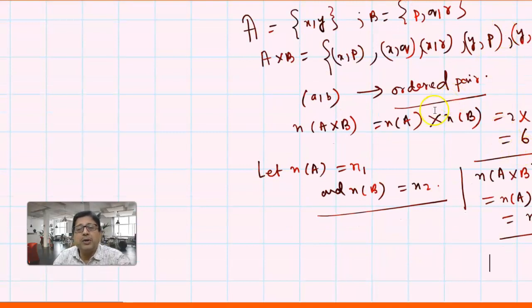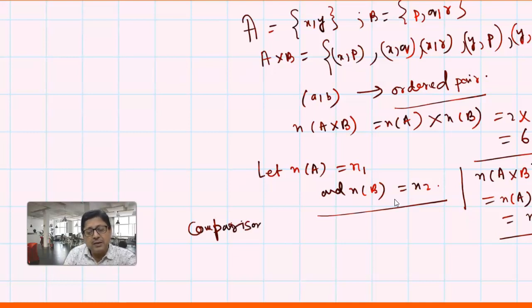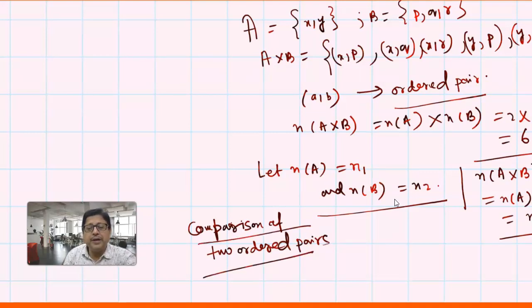Now with these ordered pairs, sometimes we need to compare two ordered pairs. How to compare two ordered pairs? Two ordered pairs can be compared if the first component of the first ordered pair equals the first component of the second ordered pair.